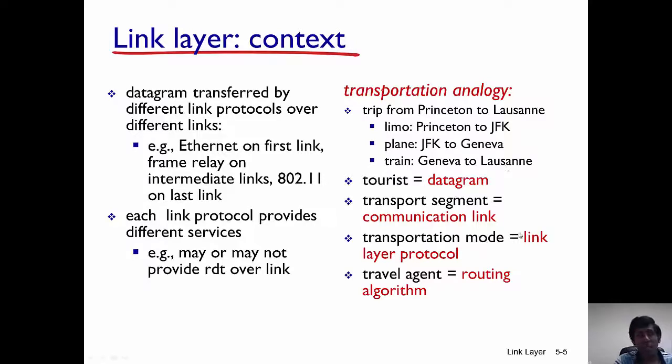They can provide different kinds of services, but overall the goal is to get you from point A to point B. So the goal of the link layer protocol is to transfer data between the two nodes connected by a link. I hope this transportation analogy gives you a better understanding of the link layer.